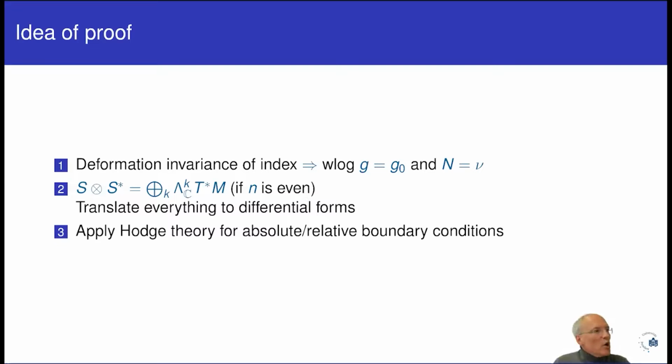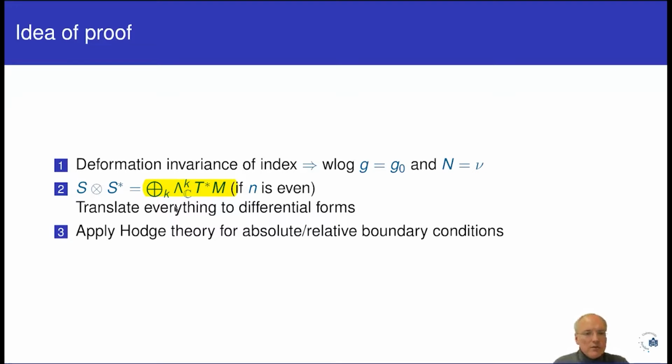If n is odd, then the tensor product of the bundles is bigger, so we have to restrict to a certain subbundle of this form bundle. And this then allows us to translate everything to differential forms. So we translate the Dirac operator to differential forms, and we translate the boundary conditions to differential forms.